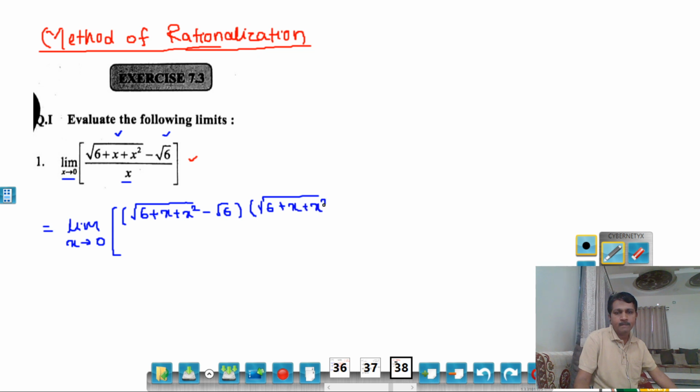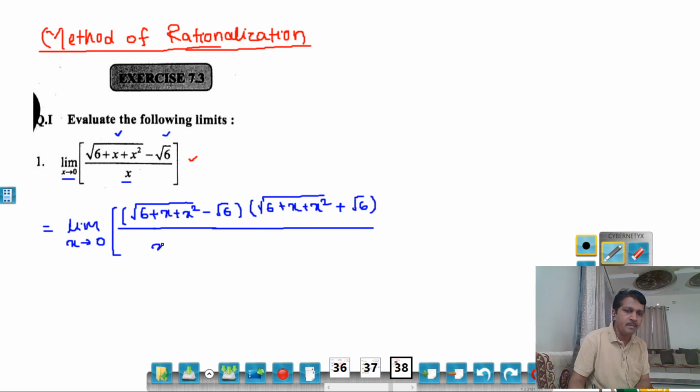If there is the difference, then its conjugate is obtained by taking the sum like this. This complete divided by, I now multiplied the numerator by the conjugate, so I should do the same in the denominator. I should multiply the denominator also by the same term, that is square root of 6 plus x square plus under root 6, so that the equality is preserved.